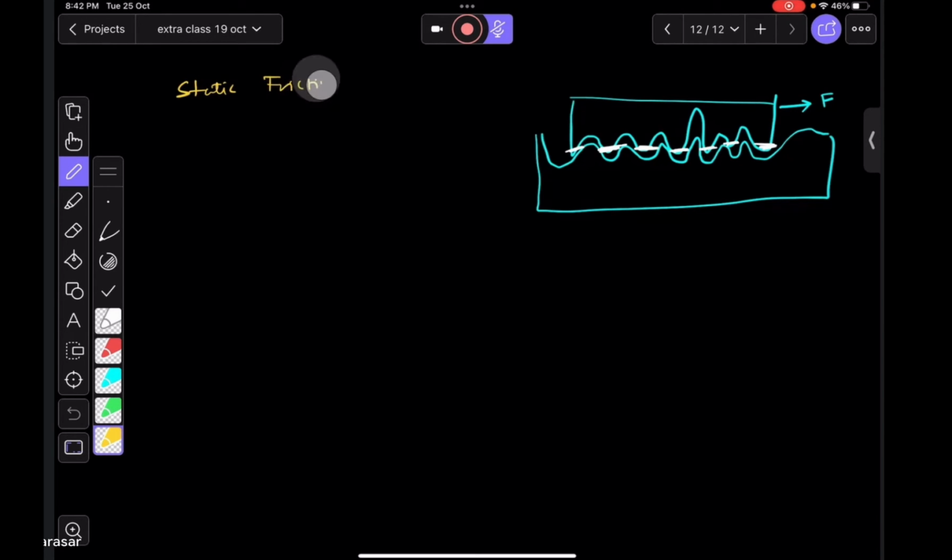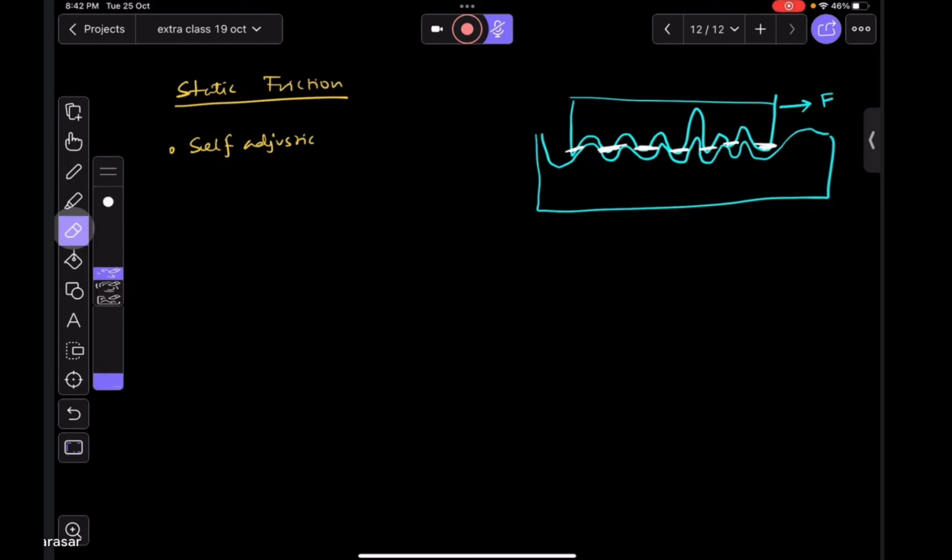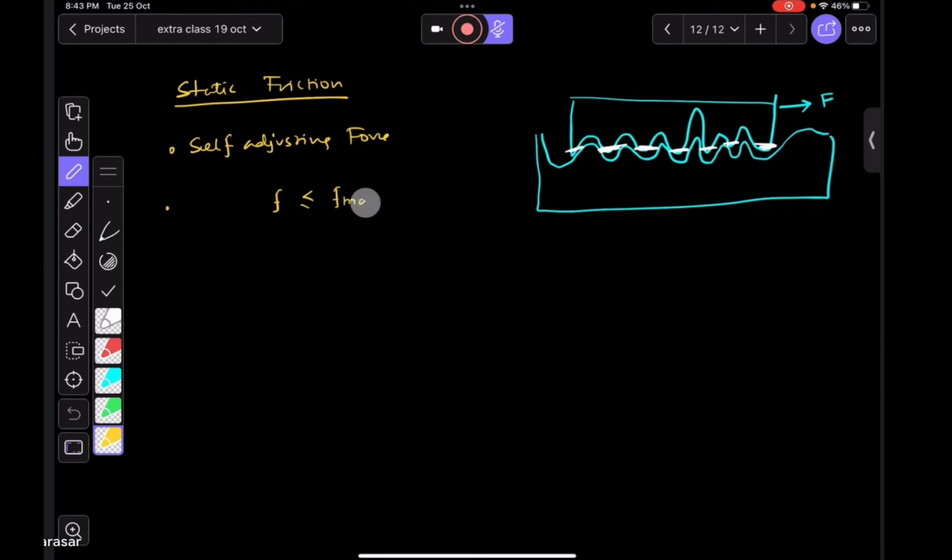So we have seen and understood why it is called a self-adjusting force. The static friction is going to lie between whatever the maximum friction can oppose and zero, no? Because when I'm not having any relative motion, friction force will be zero.